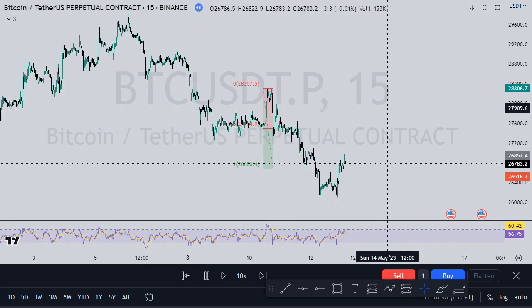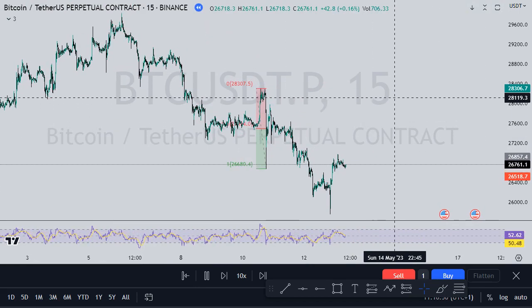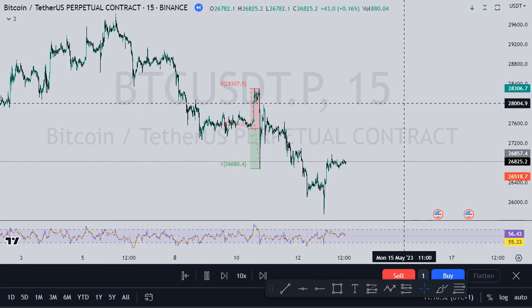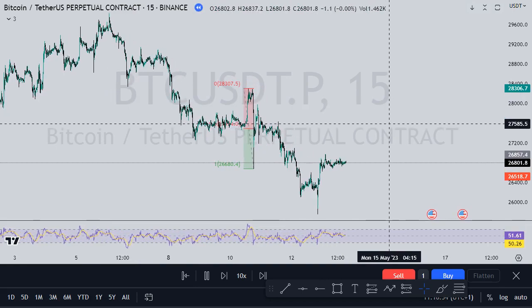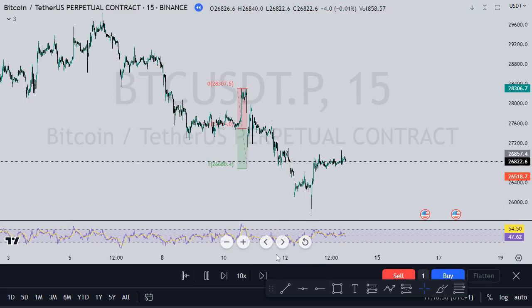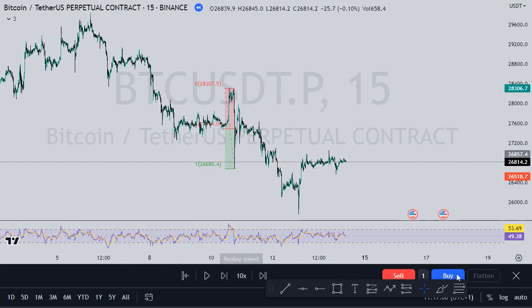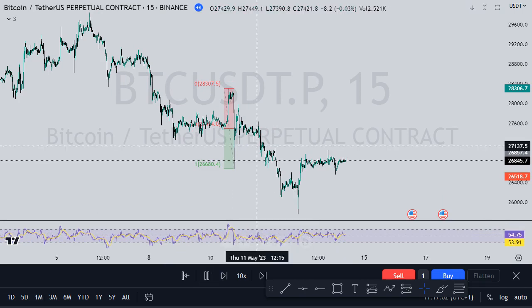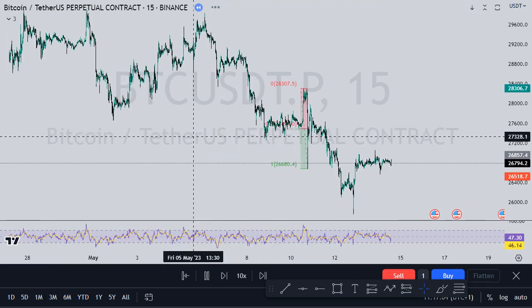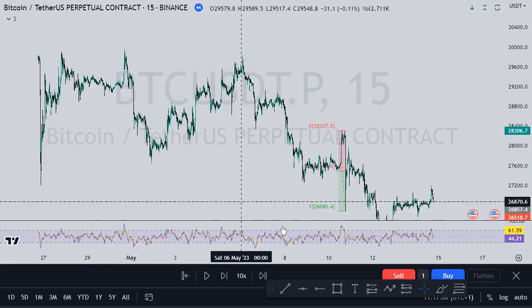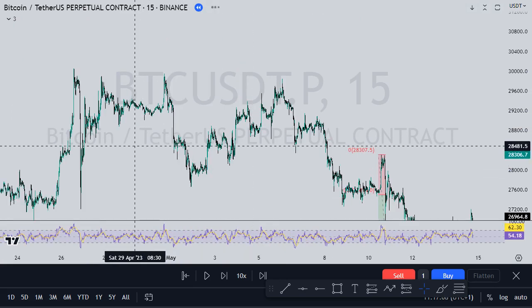And also some people may want to see the price come back again for another retracement before they take another sell. So I don't know if price actually did get into that level, but that is basically how you will use your Fibonacci retracement level tool.